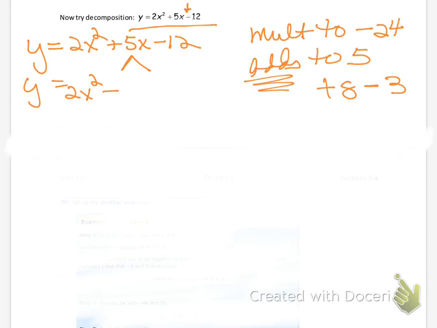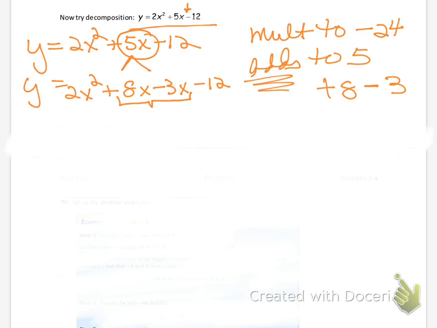So it's going to be plus 8x minus 3x minus 12. Now at this point, you want to check to make sure that this gives you back your linear term. So always do this step because you can't change a quadratic. Okay, so I see that, yes, a positive 8x and a negative 3x gives me back a 5x.